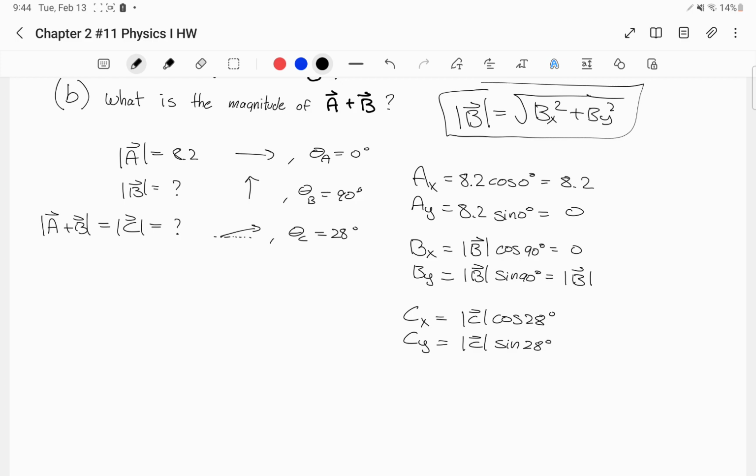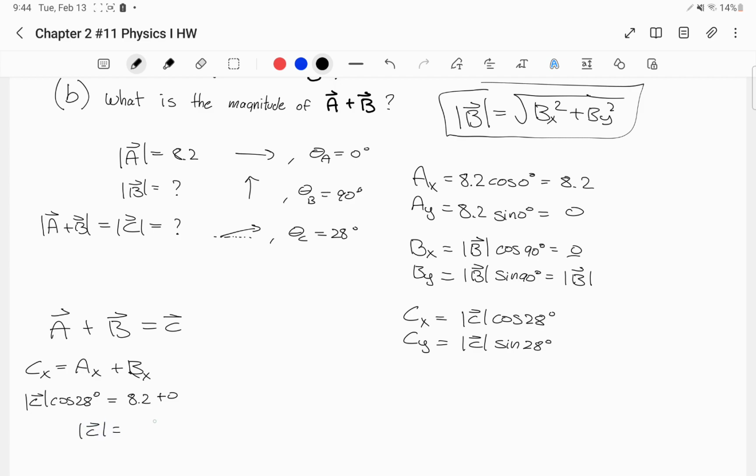So based on the relationship that we have, we know that the vector A plus the vector B is equal to the vector C. So that means that all of our x components are going to be equal. So the x component of C is going to equal the x component of A plus the x component of B. And we know that the x component of C is the magnitude times cosine of 28 degrees, and A sub x is going to be 8.2, and we already know that B sub x is going to be 0.